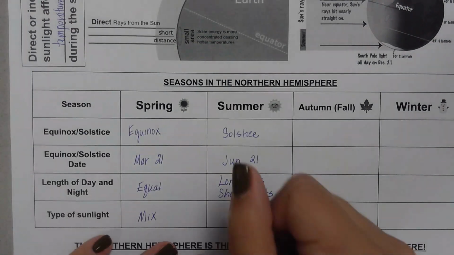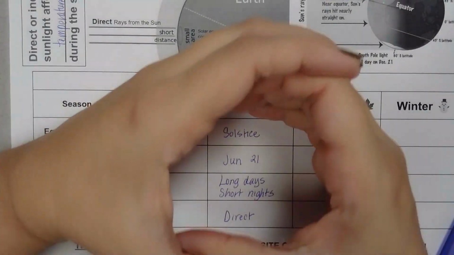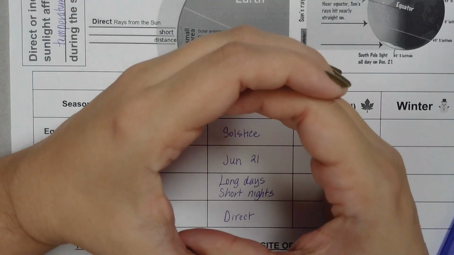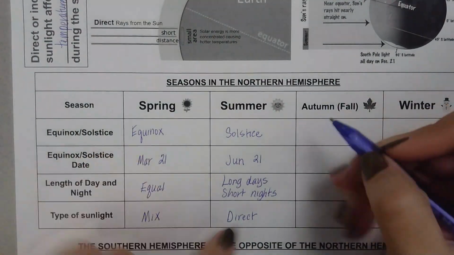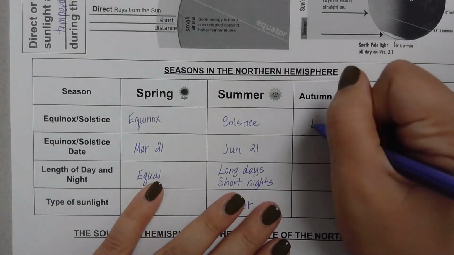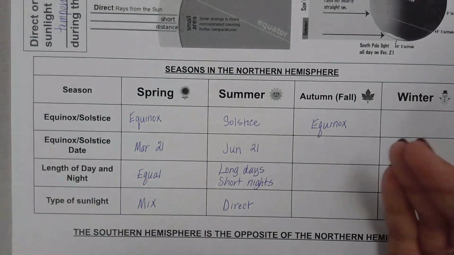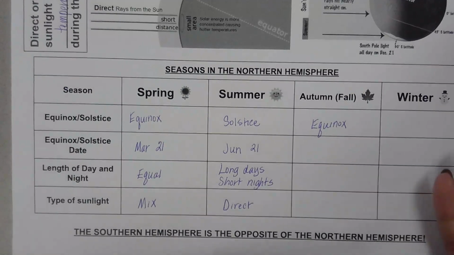During the summer, we have mostly direct sunlight. So again, it covers a very small area and it's much warmer. In autumn, once again, we have an equinox. So day and night are equal, but the nights are starting to get longer.